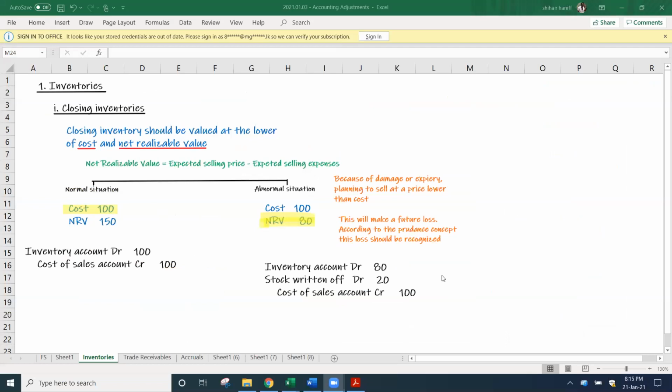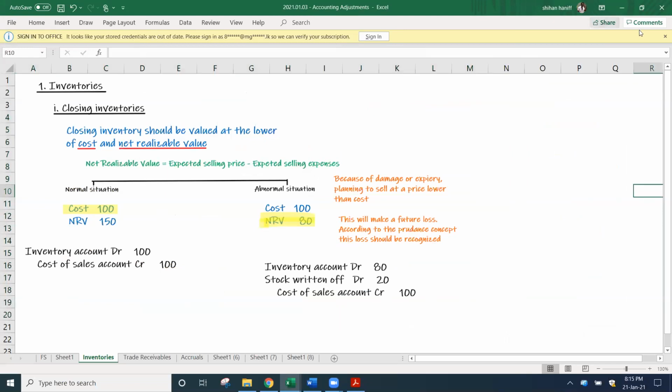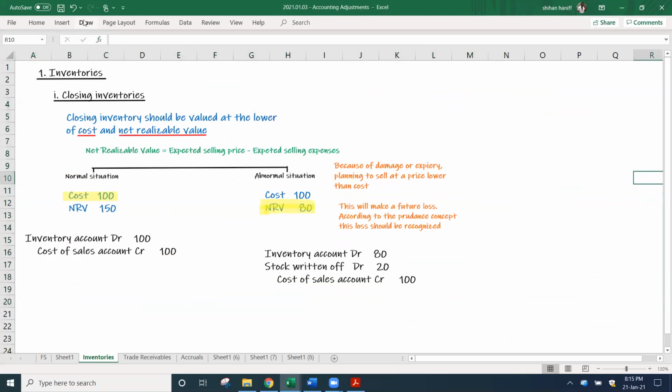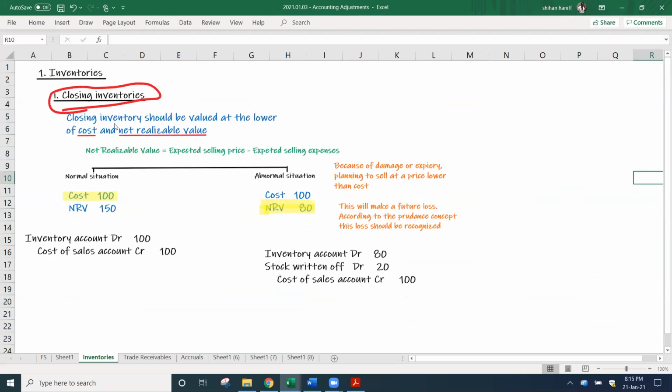Just go through this. This is the adjustment for inventory. Closing inventory adjustment, net realizable value. Net realizable value means expected selling price. In the normal situation, NRV is higher. If the NRV is higher, we just record the closing inventory at cost.